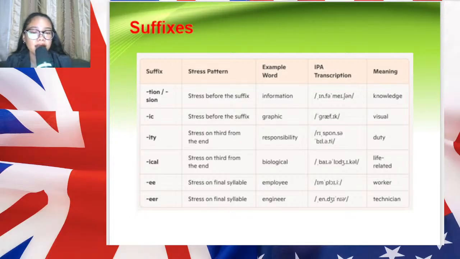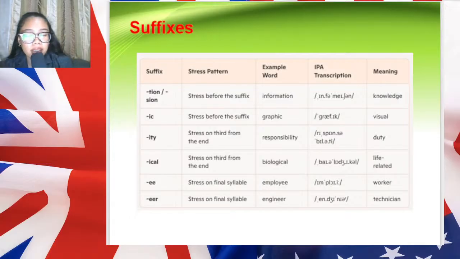Athletic, there are three syllables in there. Again, the rule: stress before the suffix. What's before ick? It's let. So we stress on that. Athletic. Again, athletic.